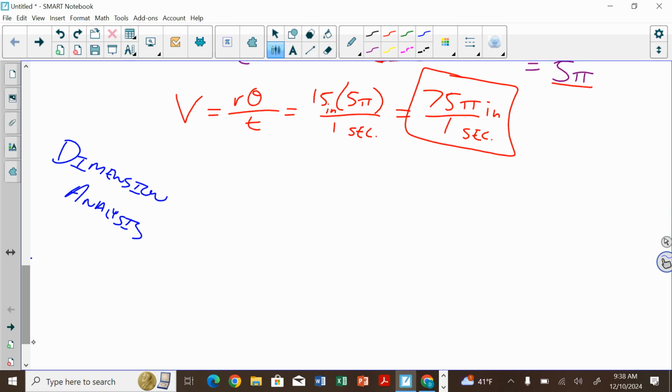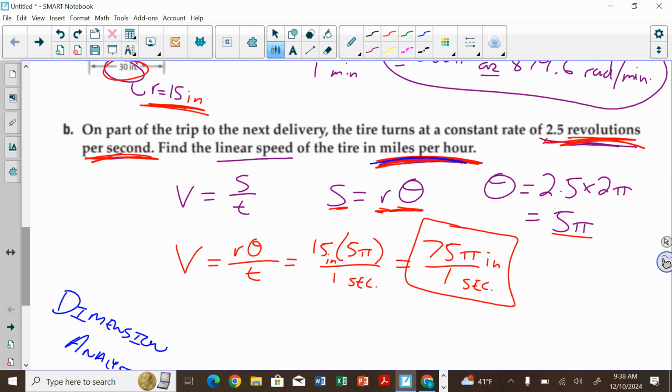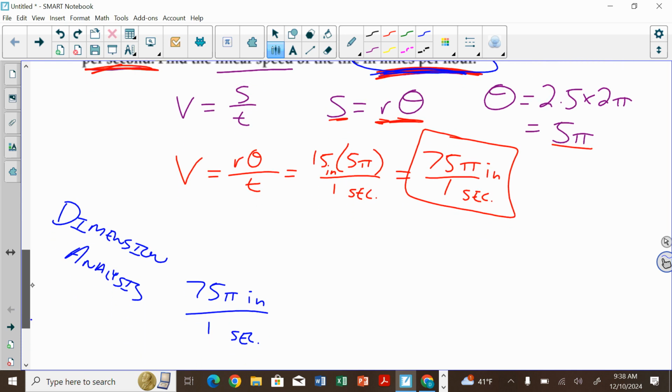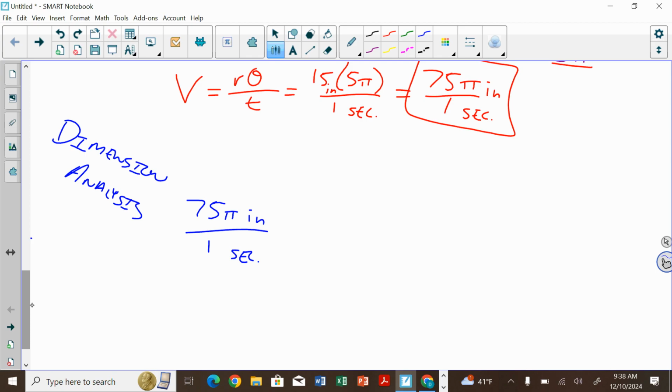If I have 75 pi inches per second, this is going to be a long one because we've got to go from inches to miles, and then from seconds to hours. We want the answer in miles per hour. So let's first start out with that.